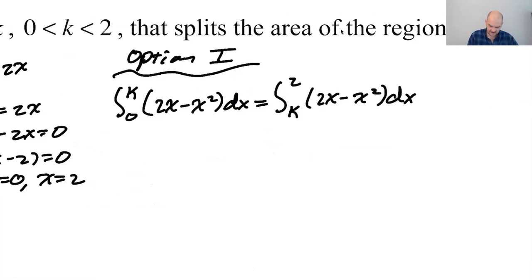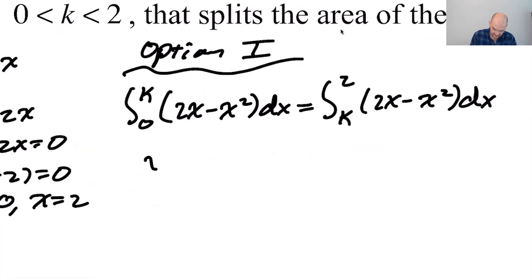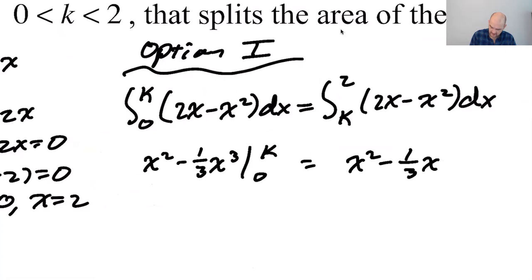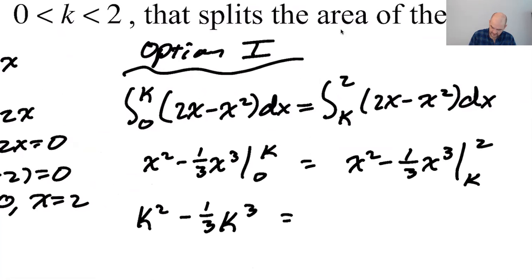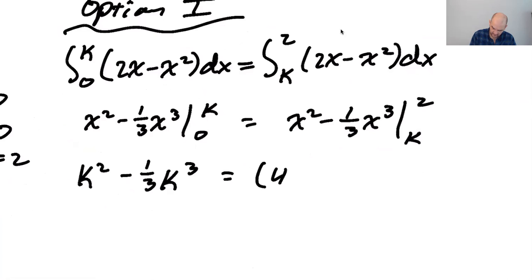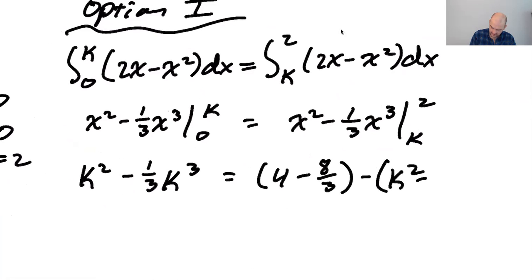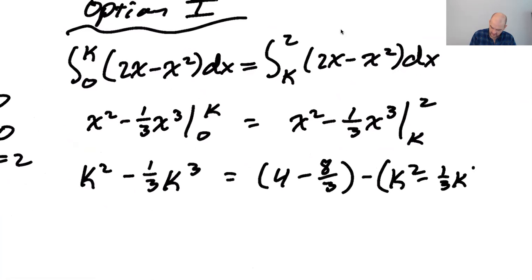So this is going to be x squared minus 1/3 x cubed from 0 to k. At least there's a 0. And then x squared minus 1/3 x cubed from k to 2. So we get k squared minus 1/3 k cubed equals, plug in 2 and you get 4 minus 8/3, then plug in k, you get k squared minus 1/3 k cubed.